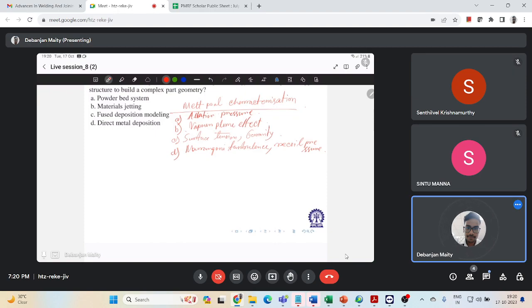So these are some physical phenomena which characterize a melt pool, right?